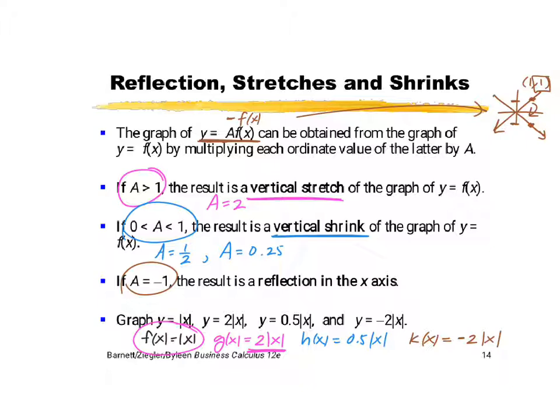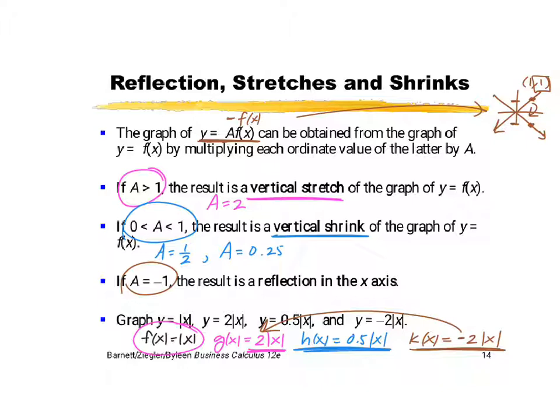For h of x equals 0.5 times the absolute value of x, this graph represents an a between 0 and 1, so it should compress or shrink vertically. And then for the last one, it's basically a transformation of g. And so as it stretches vertically, it also reflects across the x-axis. So let's look at the graphs in the next slide.